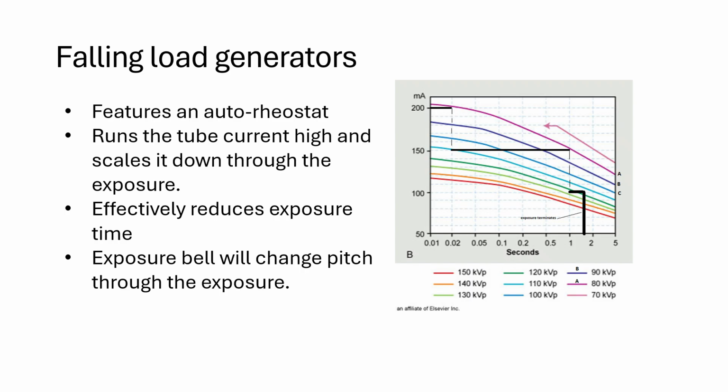If you tried to operate with a fixed MA, you'd be stuck with 100 MA, and you'd have to run it for over 2 seconds to get the same amount of mAs. So we're able to cut the exposure time by almost a quarter of a second, maybe even a half a second by running with a falling load generator. Okay.